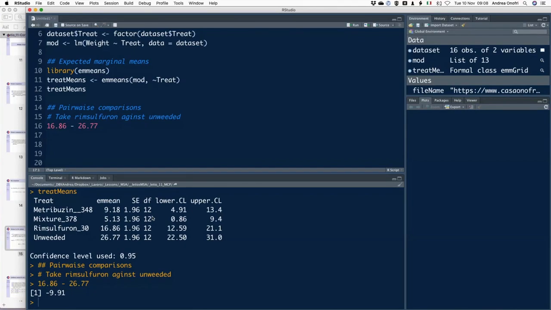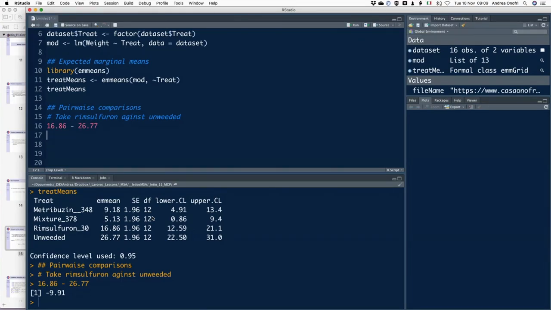What this is telling us is that there is a difference between the 2 treatments, and the second treatment has a higher mean than the first one. So the rimsulfuron is indeed effective because it seems to reduce the weight of weeds.